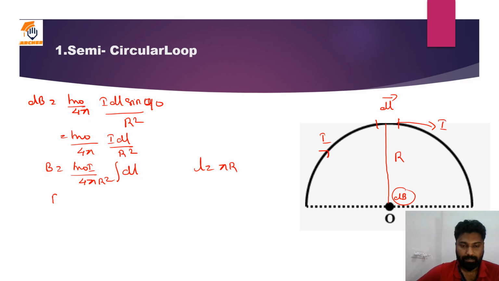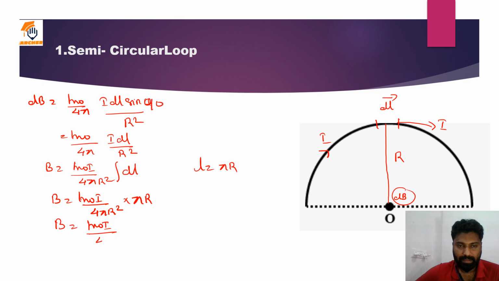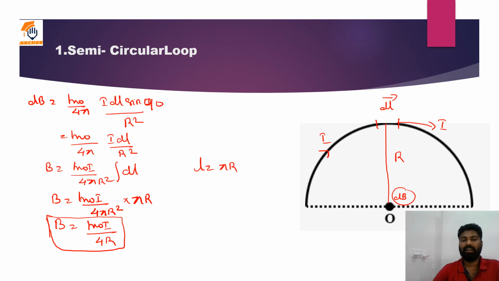So here B will be equal to mu 0 I divided by 4 pi r square into pi r. B will be equal to mu 0 I divided by 4 r. So this is the magnetic field of a semicircular loop.